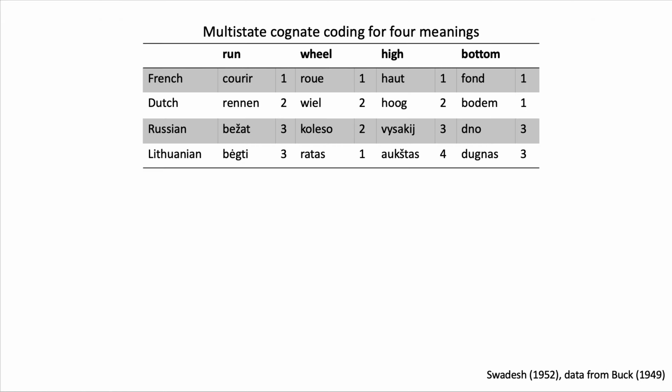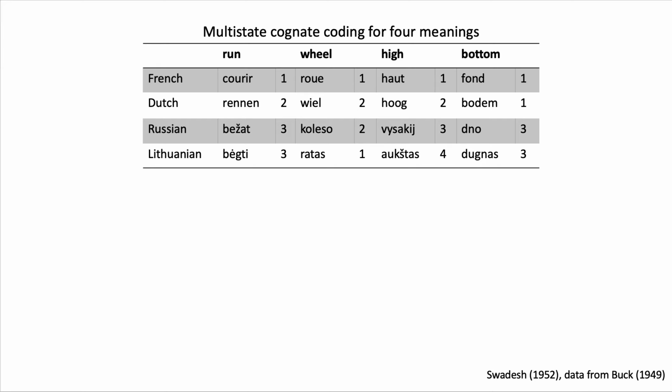So how did that work? Swadesh compiled word lists of related languages. These lists are now known as Swadesh lists because he was the first to do it, right? And then he determined genealogical distance between languages on the basis of the proportion of words that are not cognates in each pair of languages.